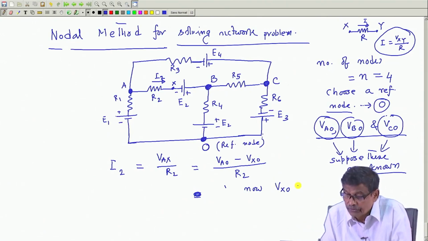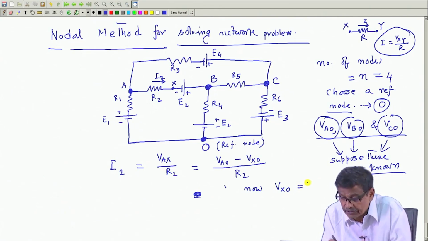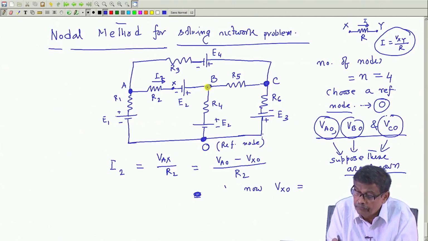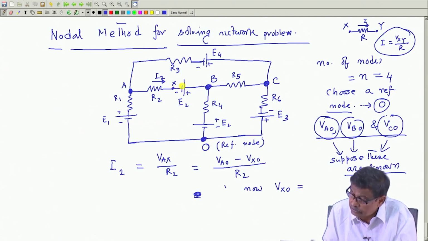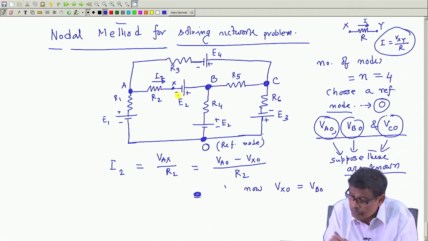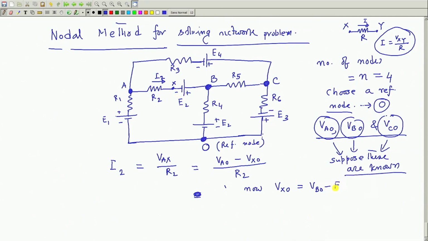So, Vx0 will be how much? You know Vb0, that means you have already reached point B, then from point B you go to x. It will be Vb0, then plus to minus, so minus E2, that will be Vx0.